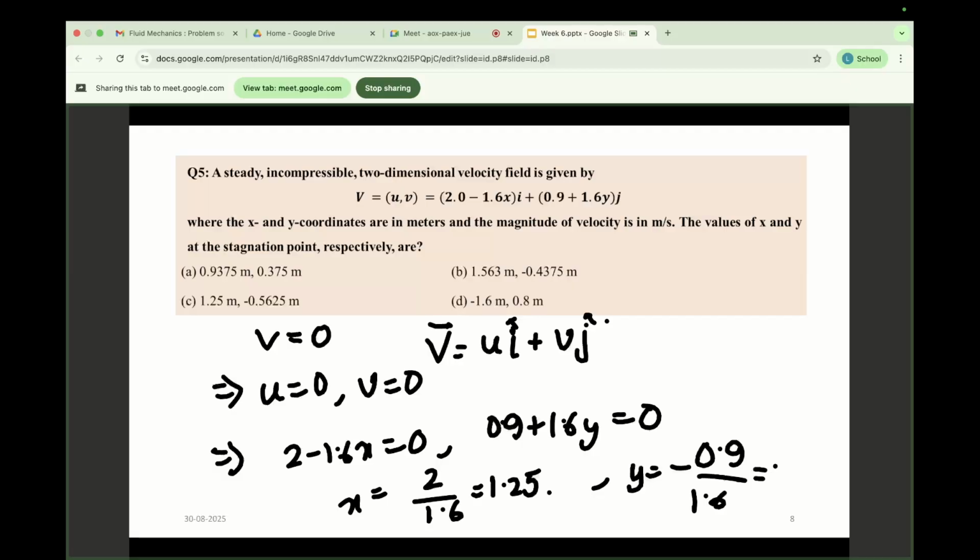So what you will get is 0.5625, and also a minus sign is there, so x should be positive and y should be negative.